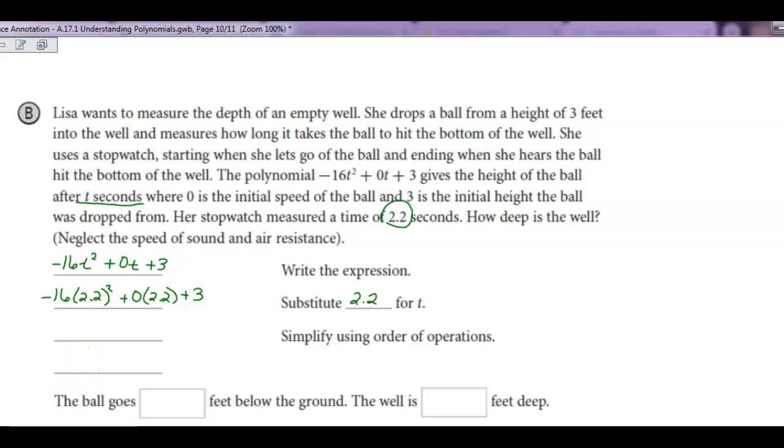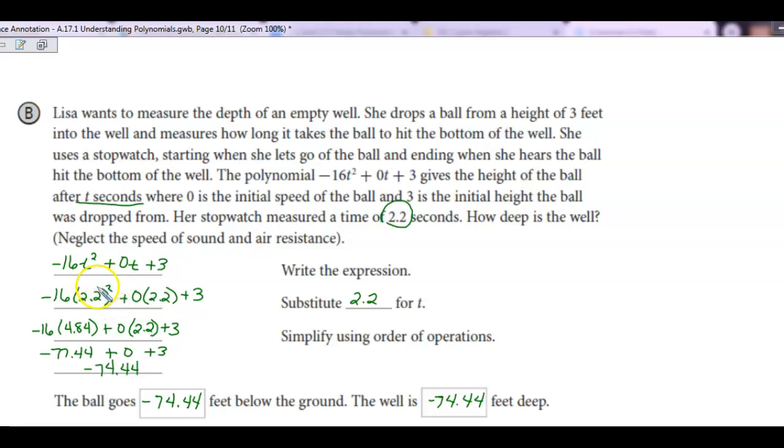And now we're going to simplify using our order of operations. So you can see where I squared my 2.2 first, and I got 4.84. Multiplied that by negative 16 and got negative 77.44. 0 times 2.2 is 0, and then bring down my 3. I take negative 77.44 plus 3, and I get negative 74.44.